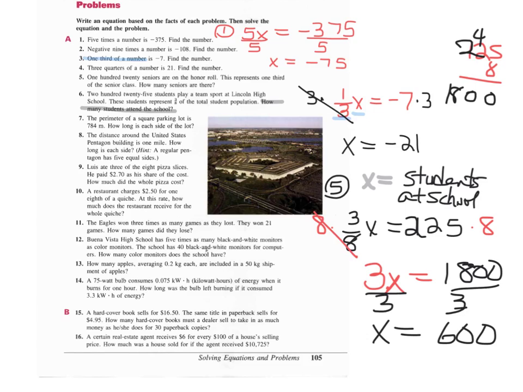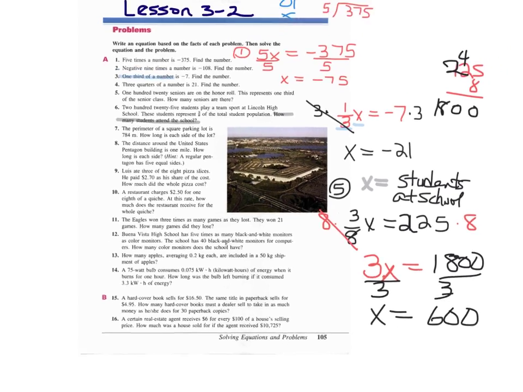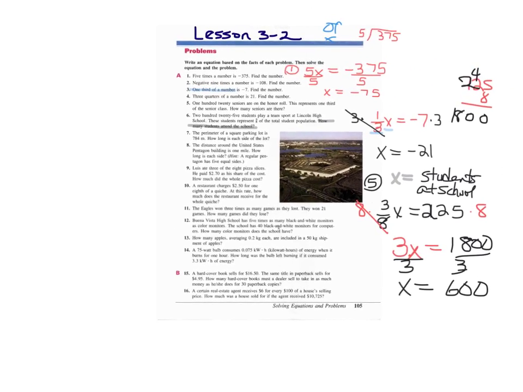Let's try number 7. Let's pull in a geometry application. So we have a square, and it says the perimeter of a square parking lot is 784 meters. How long is each side?